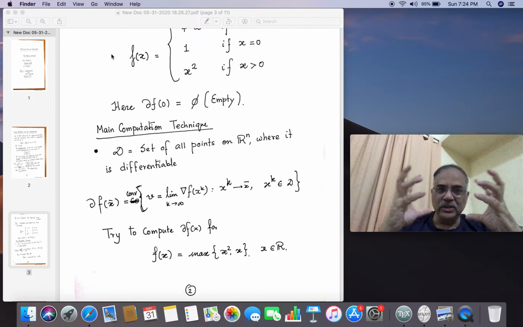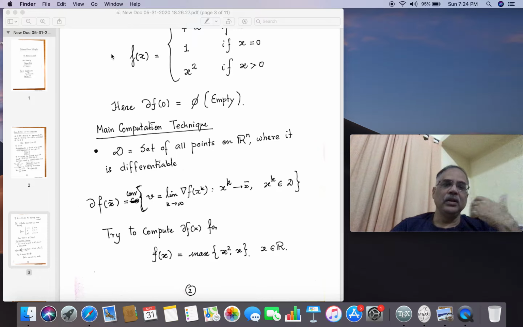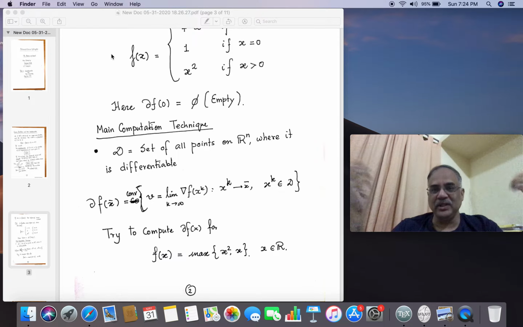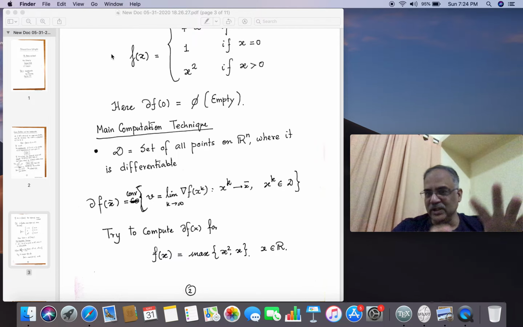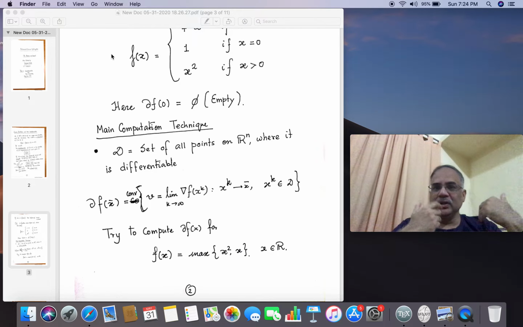So collect all those limits and take the convex hull. Of course, the proof and why it is so would need a whole class basically, that needs a board and all those things to explain, but just take the idea on, so that you can work on it. So it's not very rigorous, but not that useless too, I would say.